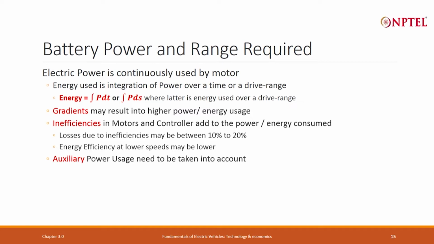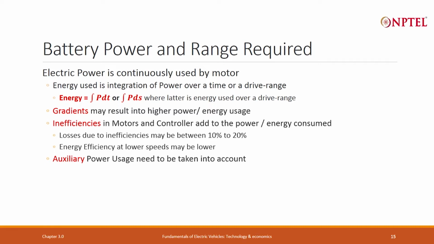There is also auxiliary power used. Lights are turned on, turned off, some electronics may be turned on, air conditioners can be turned on, that is a major auxiliary power.